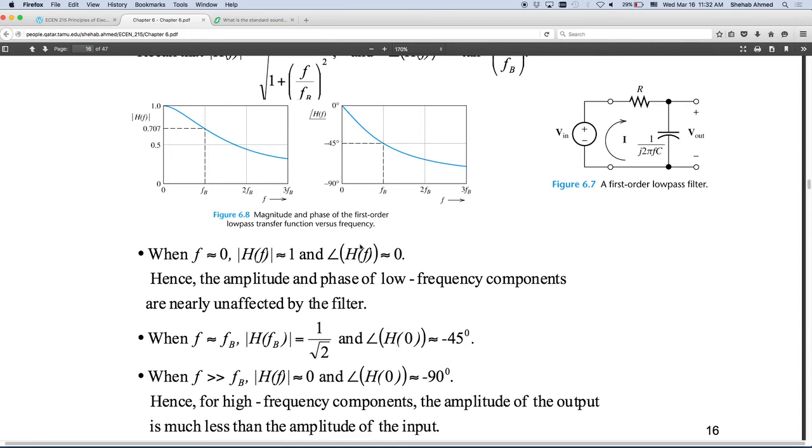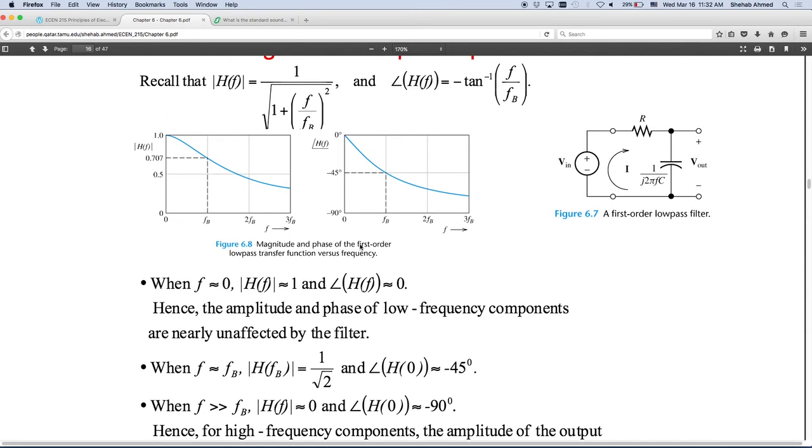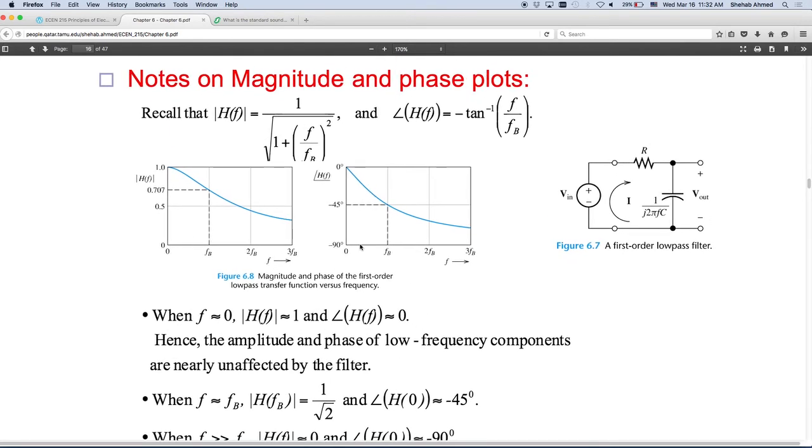That's what this filter does. Any questions? Basically, it's what we did in the previous examples, but with some new names to it. This FB is the break frequency of that filter.